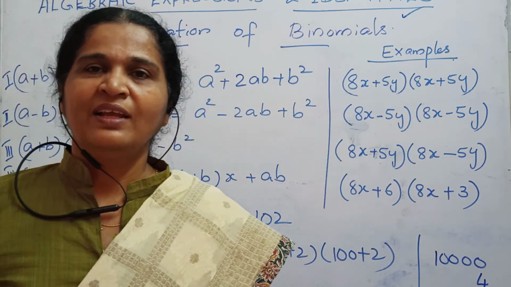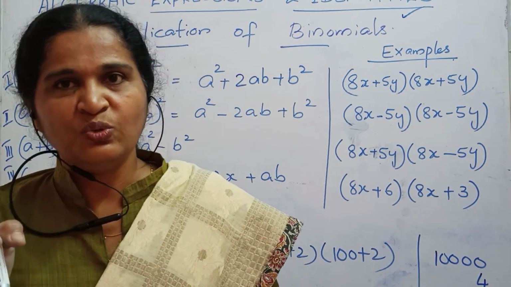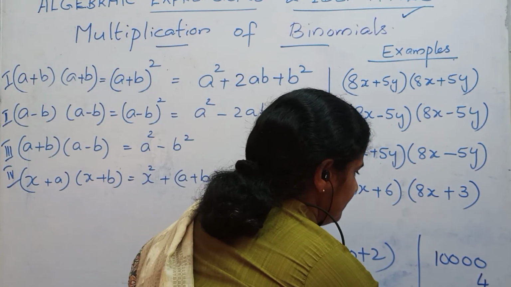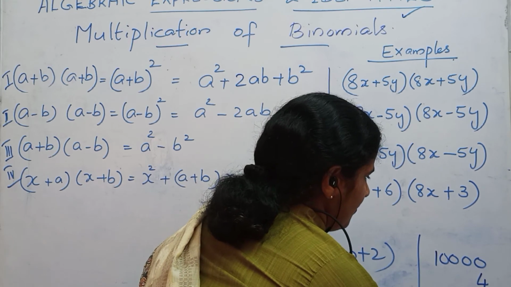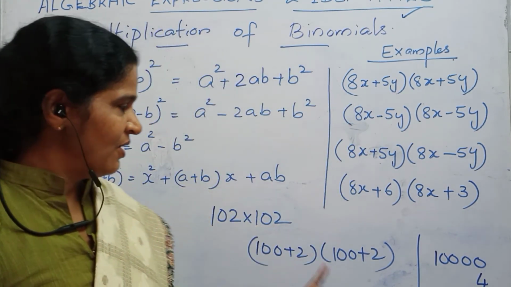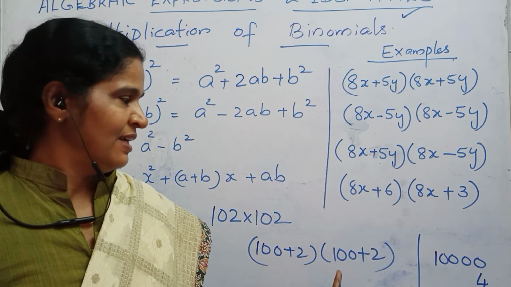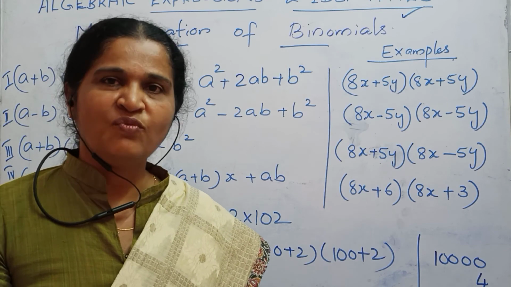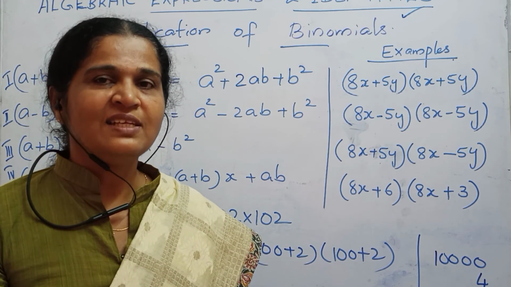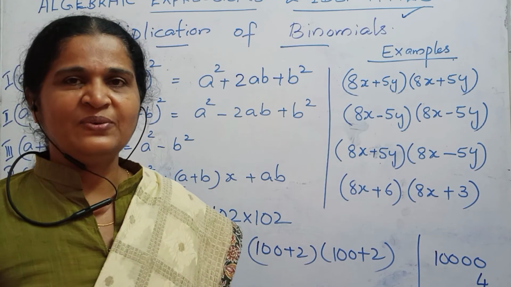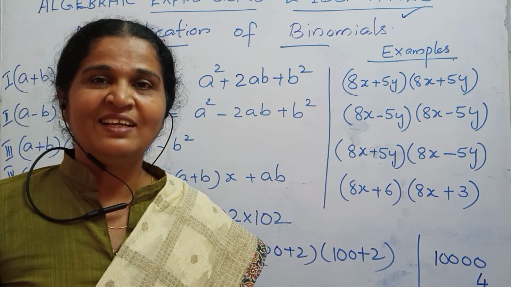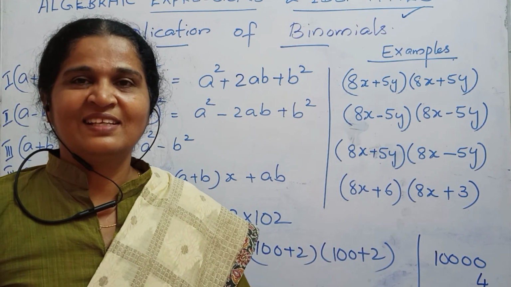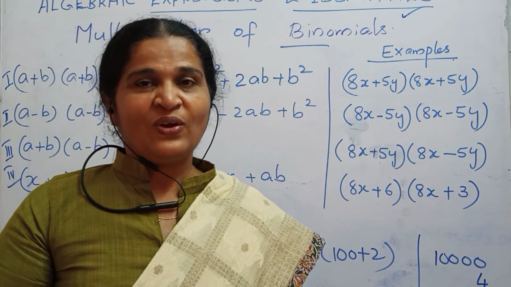Then she told me to multiply the numbers 100 into 2 and take the double of that, 400. When I added it, I got this answer. Multiply 102 and 102 and see, this is the answer, 10,404. Actually, she has used this identity only. Nowadays, we need these formulas to calculate all this. Hope you all are clear with this.